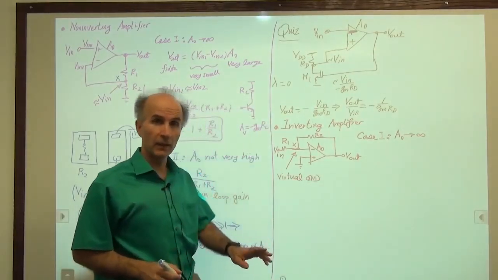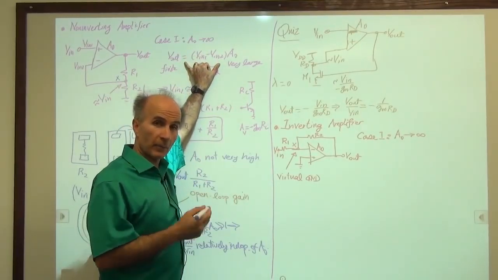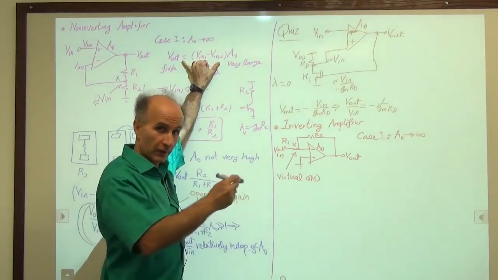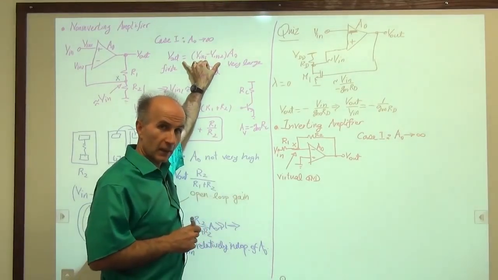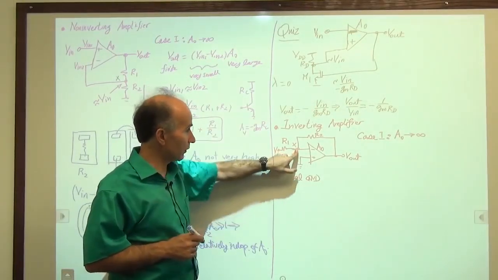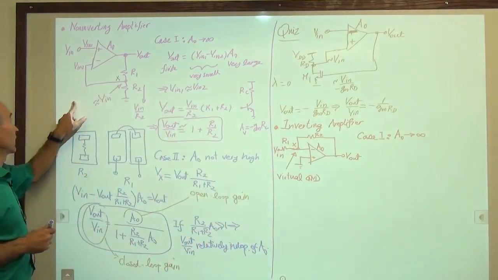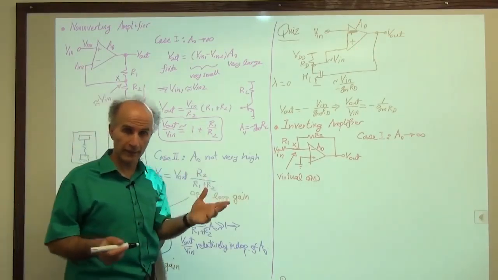And this is simply a property that arises from this fundamental operation of the op-amp. This holds regardless of what the op-amp is doing or what configuration it's in. This is a relationship between the output and the input. Notice that we have a virtual ground here, but we do not have a virtual ground here because neither this nor this is close to 0 or at 0.